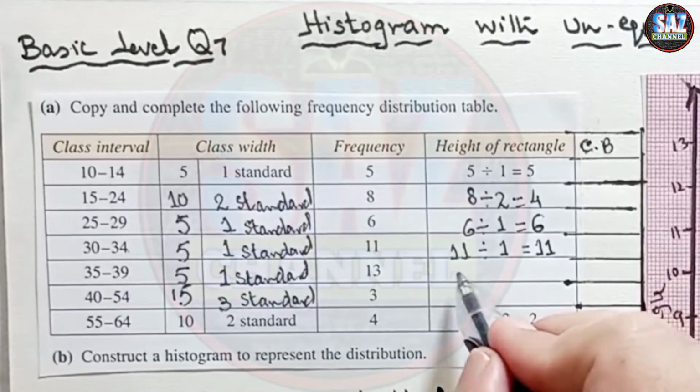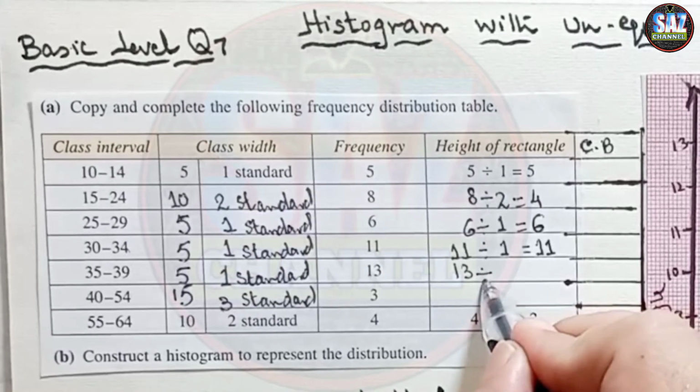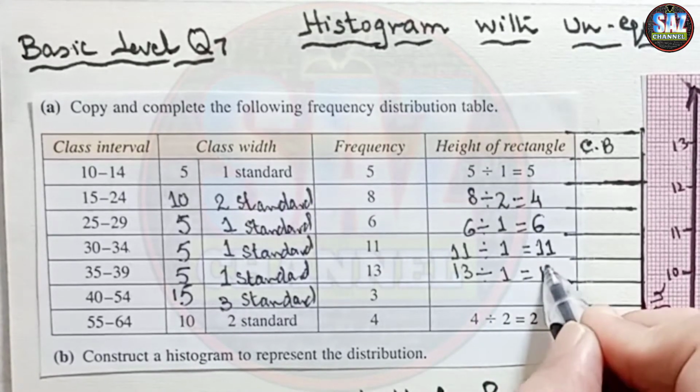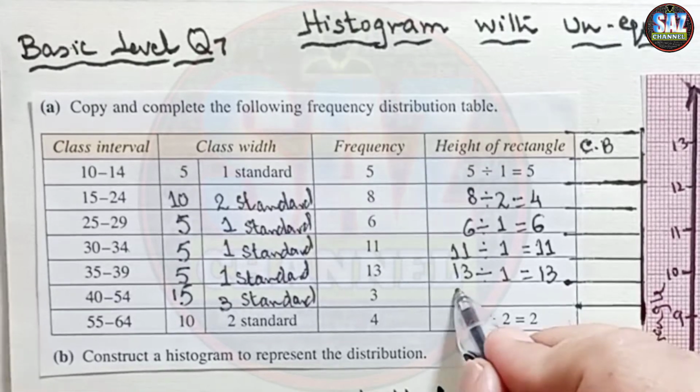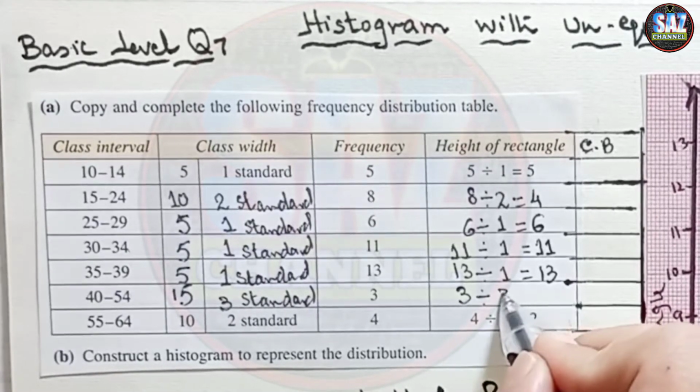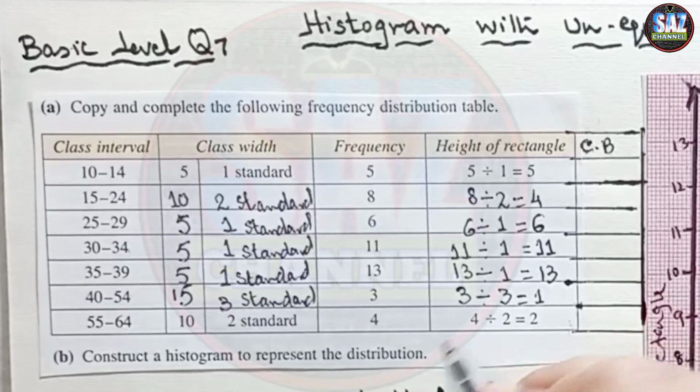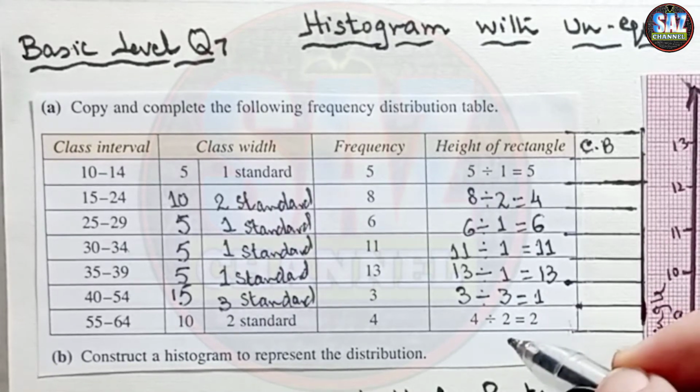And then 13 divided by 1, because the standard is 1, 13. And then 3 divided by 3 standards, which is equal to 1, and 4 divided by 2, which is equal to 2.